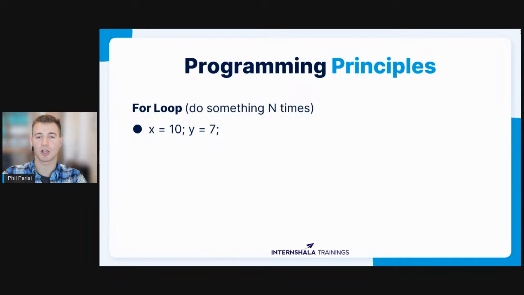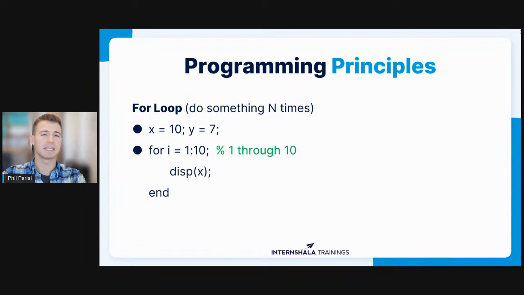Now we're going to talk briefly about for loops. For loops are useful when you want to execute certain commands n number of times. Maybe you just need to do something 3 times, or 10 times, or 100 times, or 900,000 times. You're going to use a for loop. We have the same variables declared, x equals 10 and y equals 7.